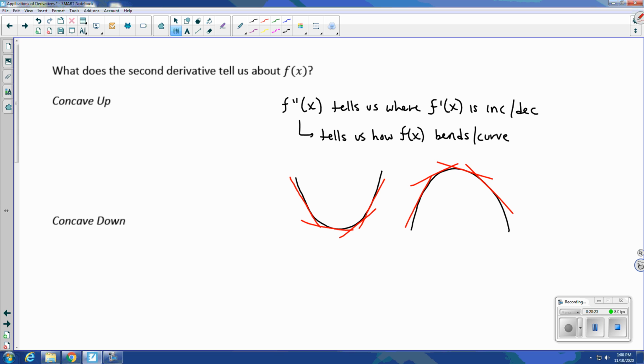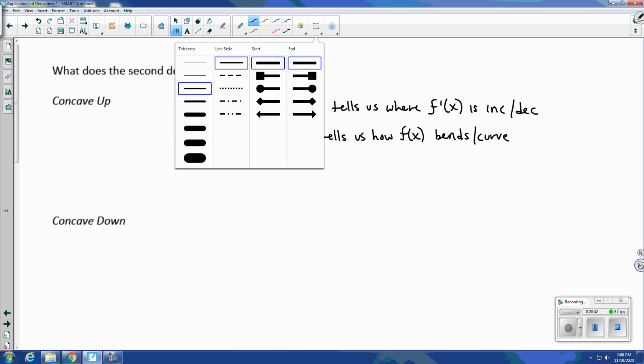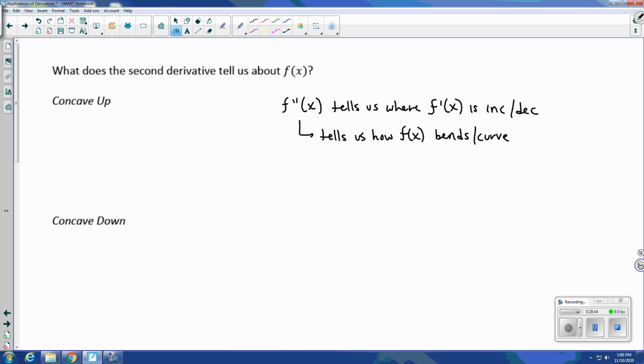So if f prime of x is increasing or decreasing, it creates a bend in the function. We call that bend its concavity. Something will be concave up when f prime is increasing. Concave up when the first derivative is increasing. Now, how do we tell when the first derivative is increasing?